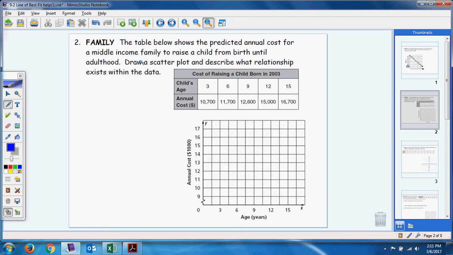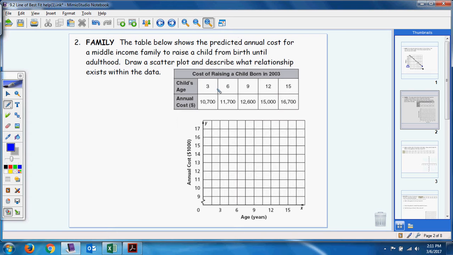So again, you got the age and then the annual cost. So let me do that with you. You should be caught up. This is more just a traditional scatter plot instead of line of best fit.